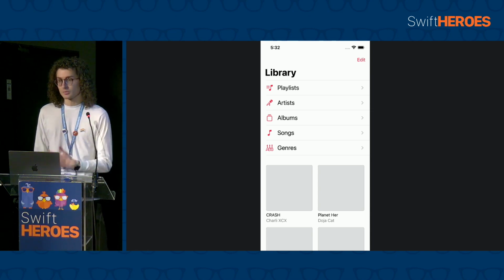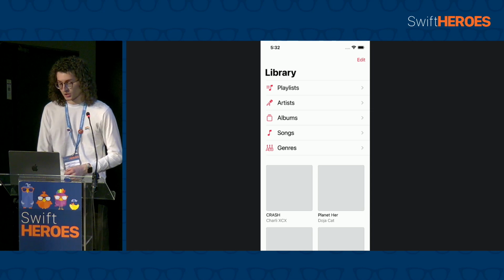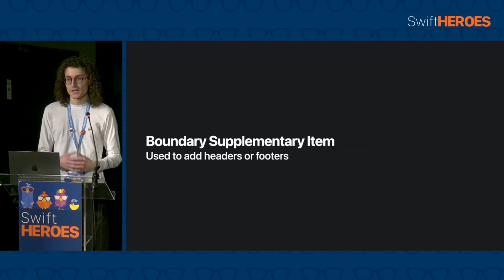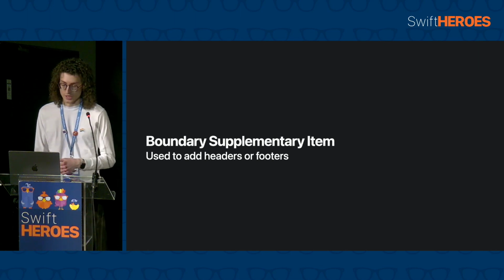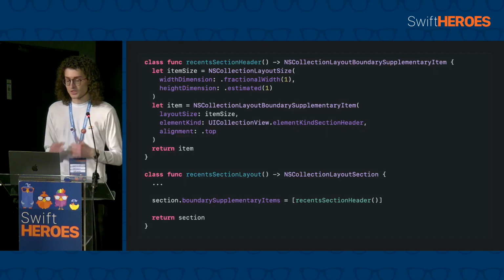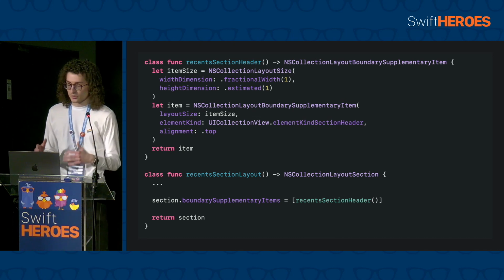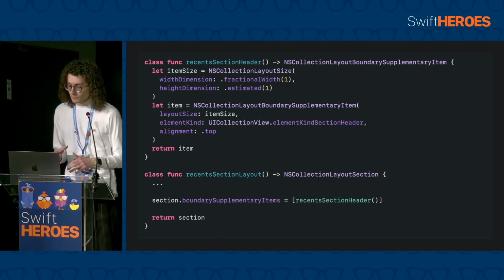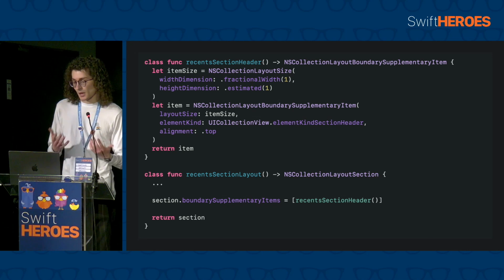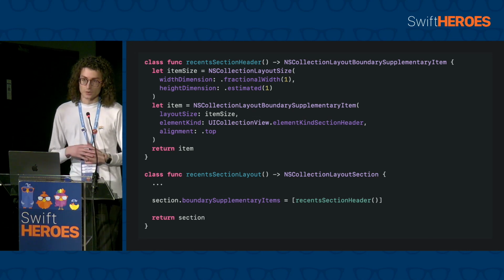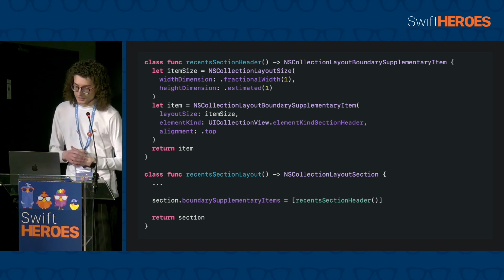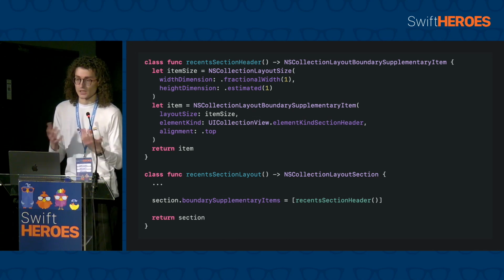But now we also want to display a title on the recent section. And with boundary supplementary items, we can add headers and footers to sections in our layouts. So just like regular layout items, we need to create a layout size which specifies the size of the item, and then we can create the NSCollectionLayoutBoundarySupplementaryItem instance, which will take in our layout size, then an element kind identifier, which identifies the element, and then an alignment.